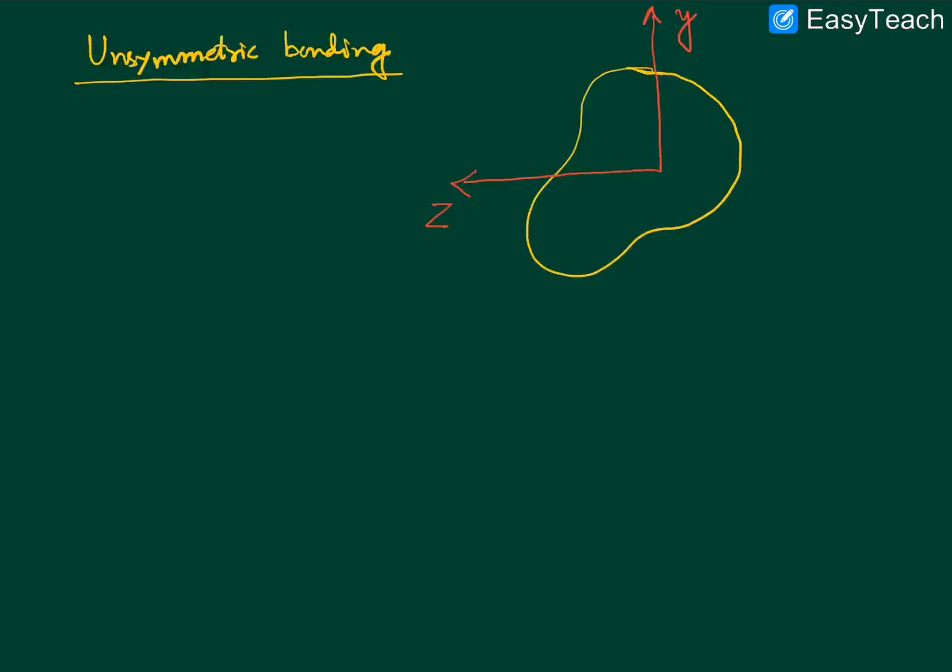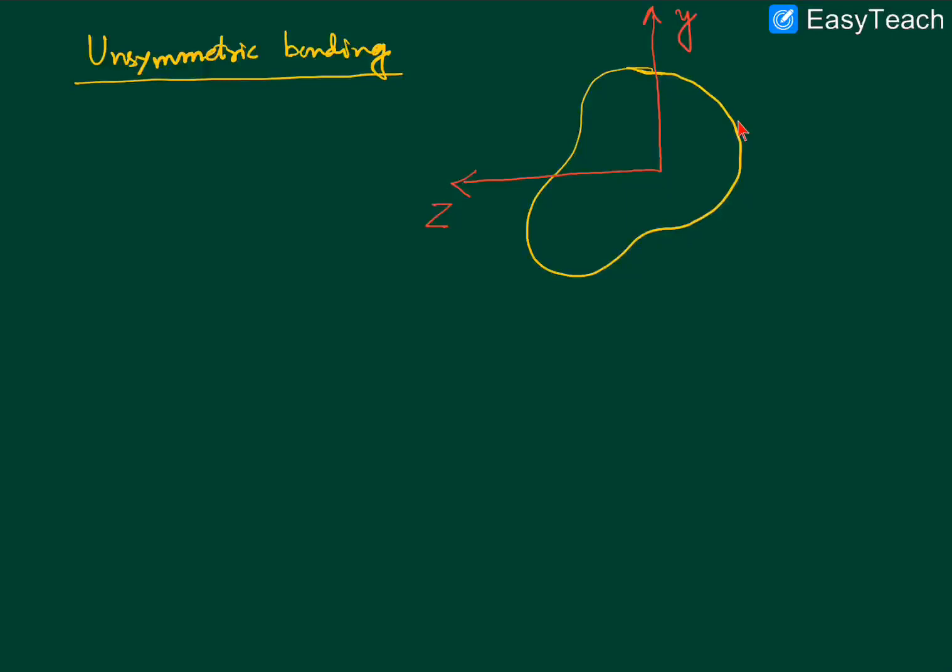But one may question, is there any specific choice about this origin? The answer is yes. I want to place this origin at the centroid of this cross section. The reason is I want the neutral axis, wherever or however it may be oriented for this cross section. I don't know how it will be oriented right now, but it will be there, I know that much.